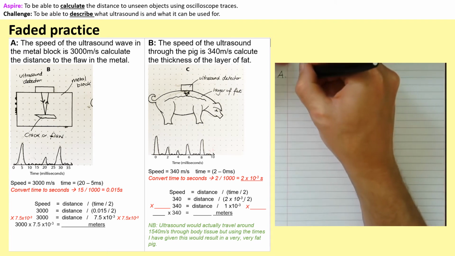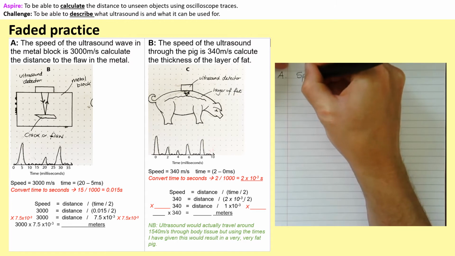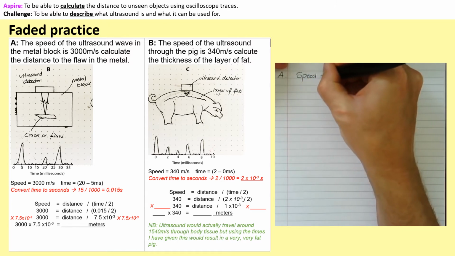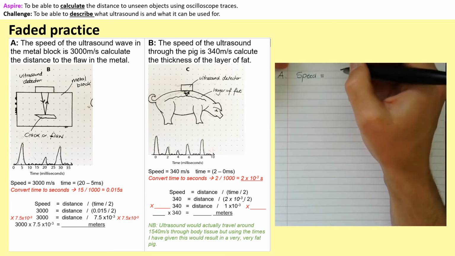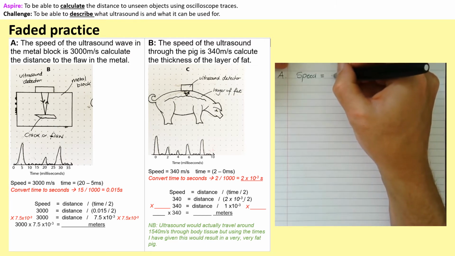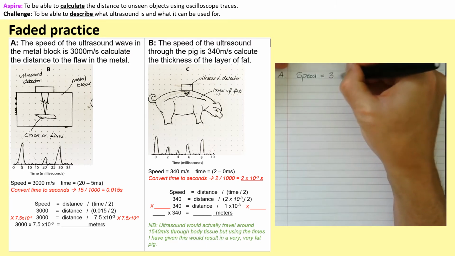So the first thing we're going to write down are the values that we know. So we can see that the speed is told to us, it's 3,000 meters per second.